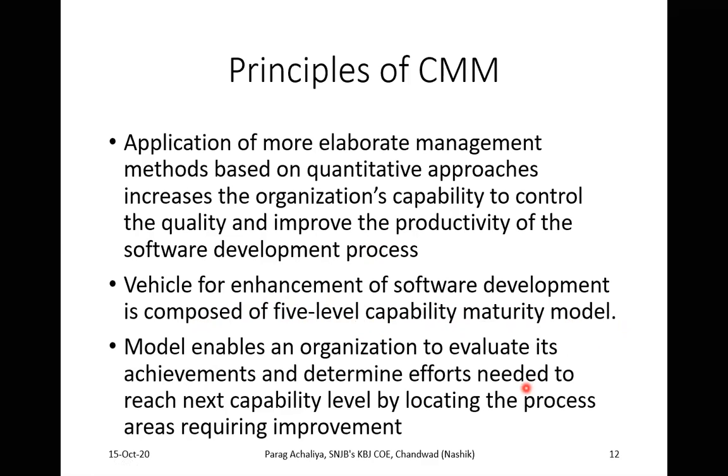What is the use of this CMM? Number one, it enables the organization to evaluate its achievements, and it will determine the efforts needed to reach the next capability level. Along with evaluating the achievements, it will calculate which efforts are needed to reach the next level of capability.